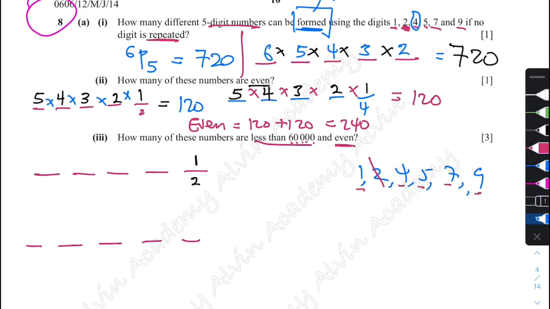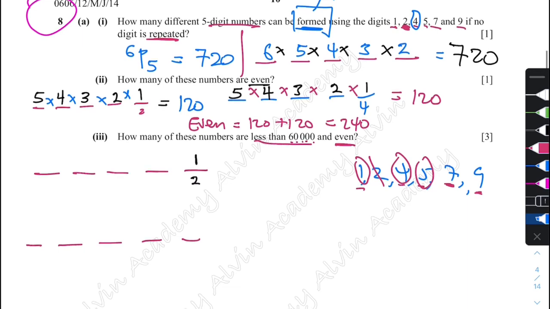However, we said the number is less than 60,000, so the numbers available to be used for the first slot must be 1, 4, and 5. If you use 7, then you are talking about 70,000. If you use 9, you are talking about 90,000. But we want something less than 60,000.